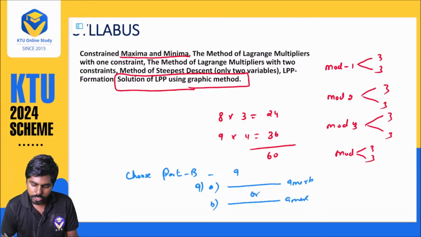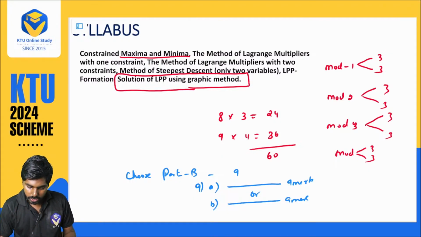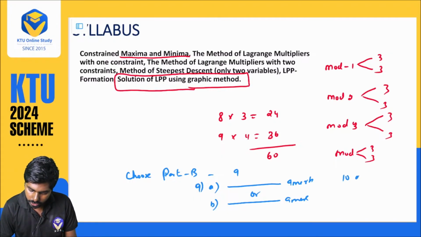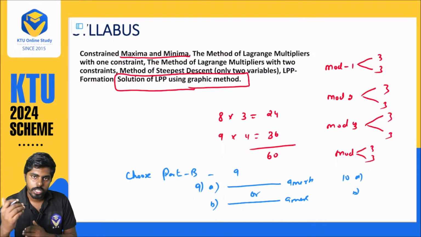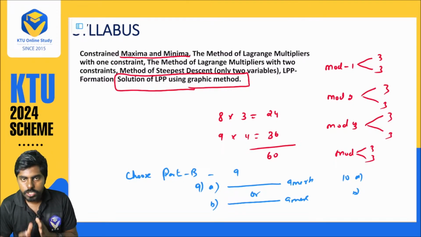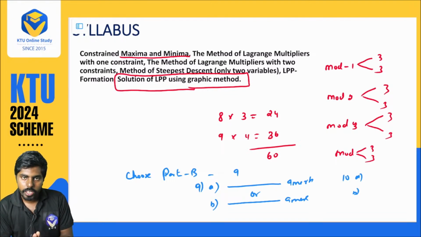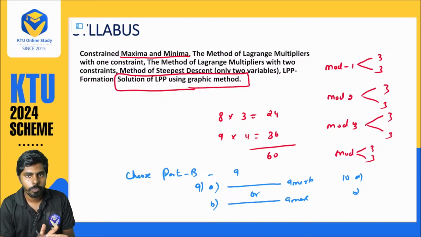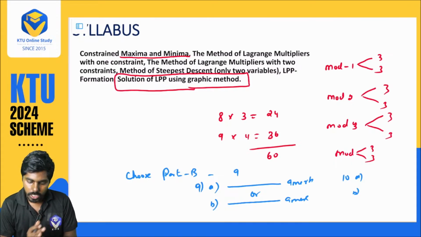You can choose A or B. Similarly, in 10 also you will get an A or B question. But my advice is to prepare each and every topic, because in group A it is a very simple topic when you prepare. Everything is connected.